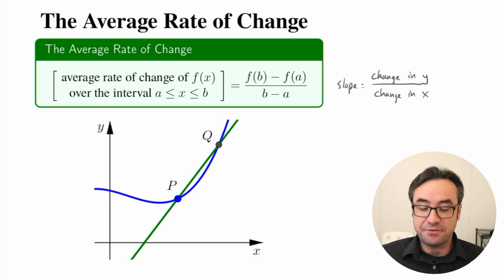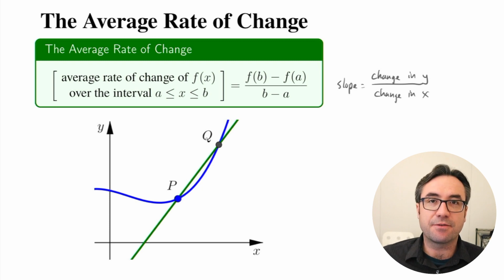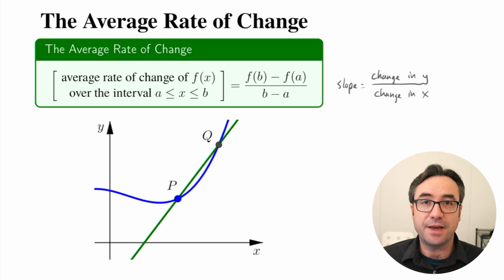So graphically, we've seen this average rate of change before when we talked about the slope of a secant line.